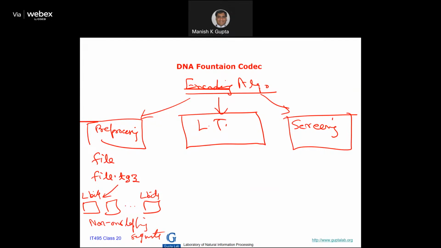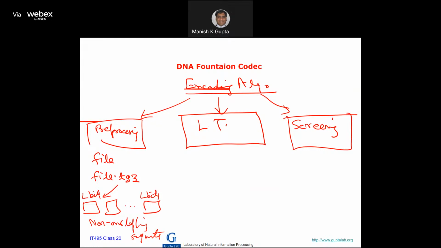After that, once the data is out of the LT codes, those bits you convert into ACGT by simply mapping 00, 01, 10, 11 into ACGT, direct mapping, 2 bits for each base. Now you have a string of ACGT.